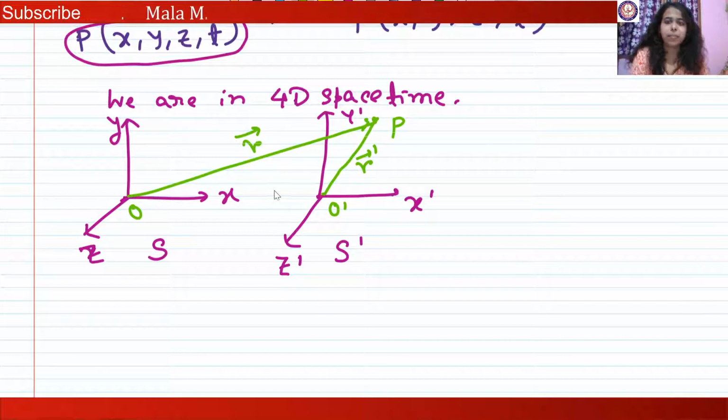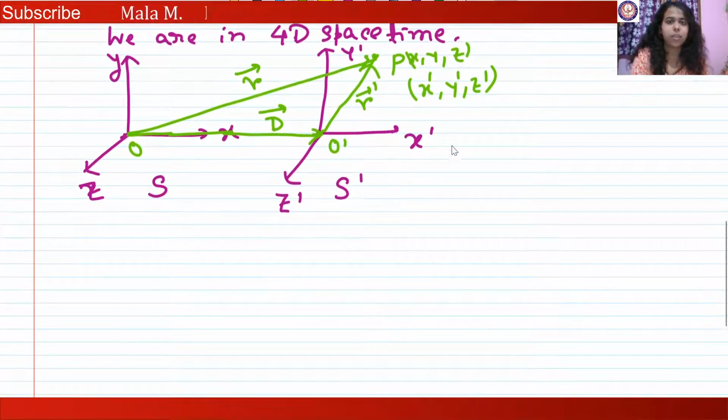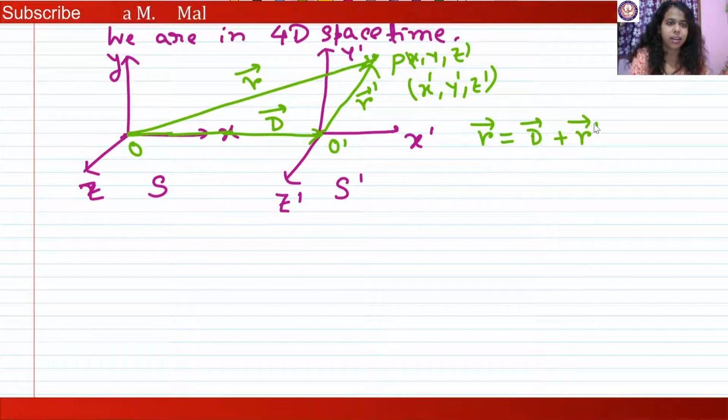Today, I will define the vector joining O and O prime. I can say this is the vector d. So, from the vector addition formula, x, y, z, and this point is x prime, y prime, z prime. What can I write? I can write down vector r is equal to vector d plus r prime.